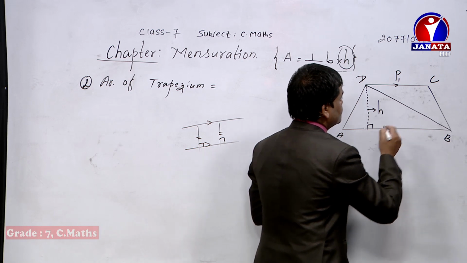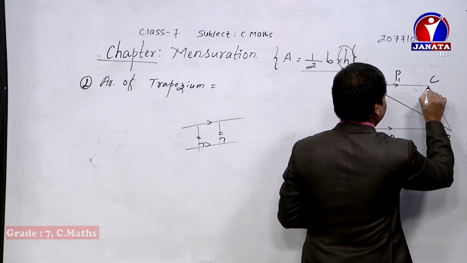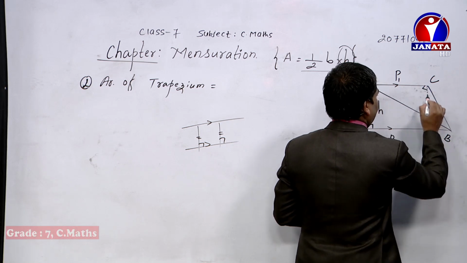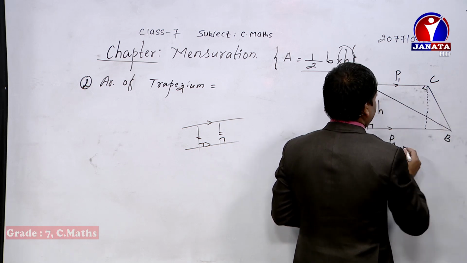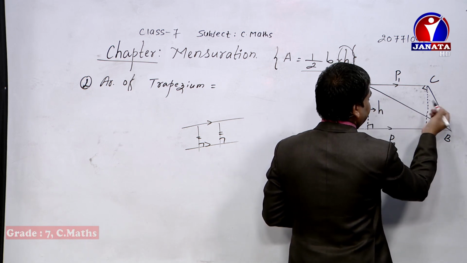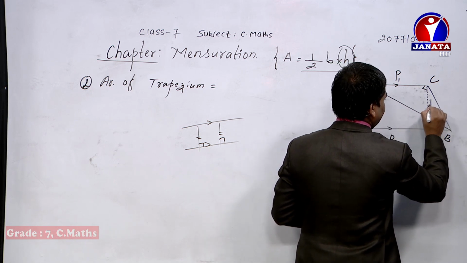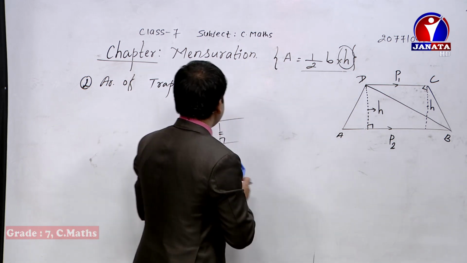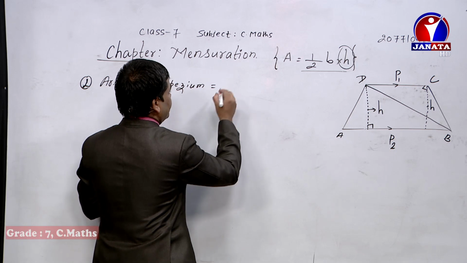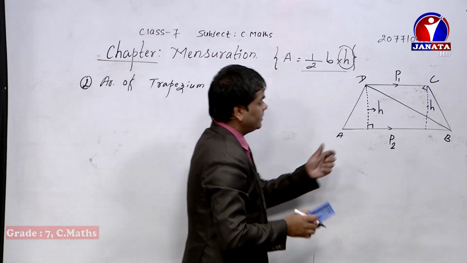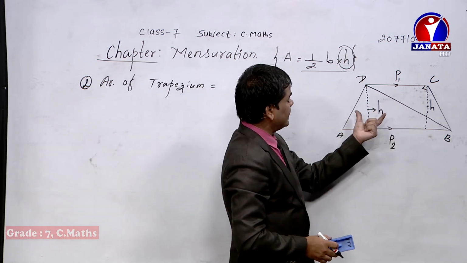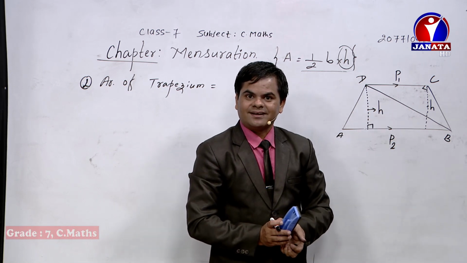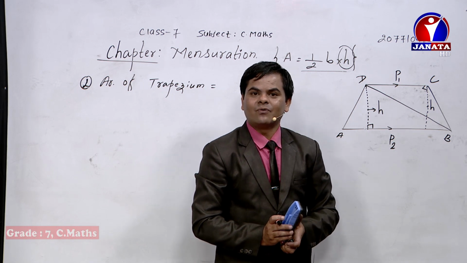So if we draw another perpendicular line here, then the length of this one and the length of this one are equal to each other, and we can write this one also as h. Now let's derive the formula. If we find the area of triangle BCD and then the area of triangle ABD, and combine them together, we find the area of the whole trapezium.